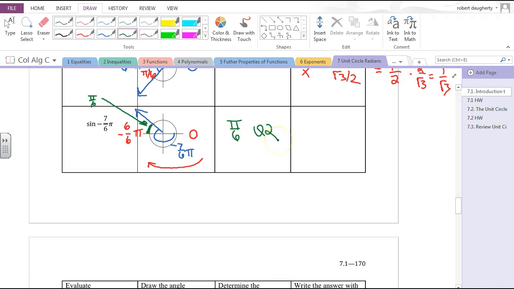Quadrant 2. So I'm looking for the sine. What's the definition of sine? Sine is the y value. At pi over 6, what's the y value? In quadrant 2, what's the value of sine? It is positive. So my answer is 1/2. Okay?